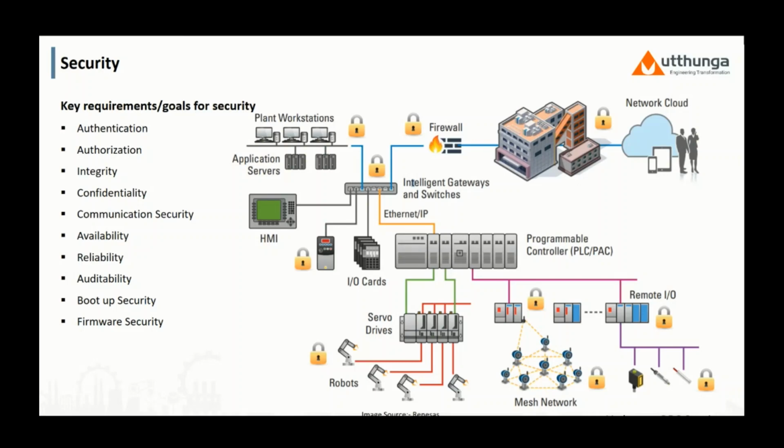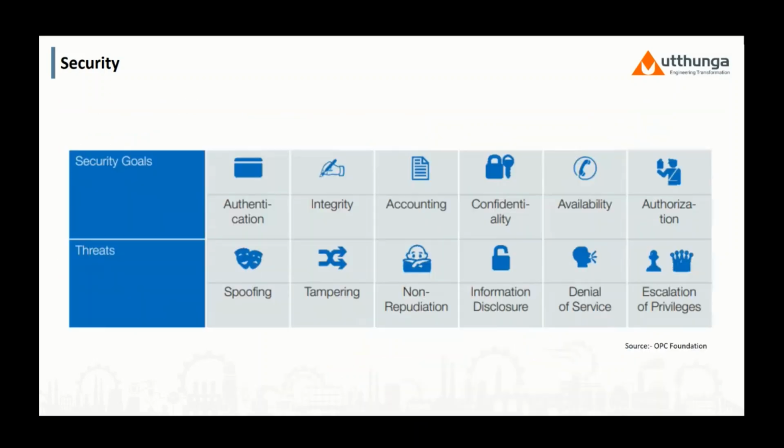So now we'll look into how some of these key requirements are handled by OPC UA. Next slide, please. So in this slide, these are the key security goals that are chosen by the OPC Foundation, and for each of these goals, what are the different types of threats that are available.